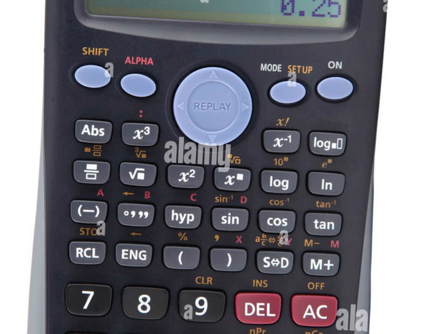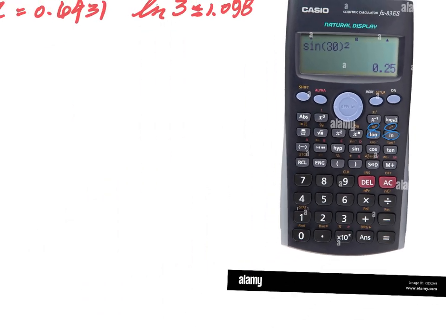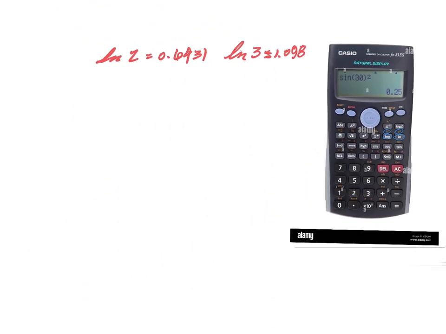Notice when we are dealing with common logs, we had a log button and a 10 to a power button. With natural logs, we have the same thing. It's done, like I said earlier, the exact same way. It's just now we're pushing this button for the natural log, and we're using this button for the anti-natural log. So the buttons are used for the same thing. It's just a different way of doing logarithms.